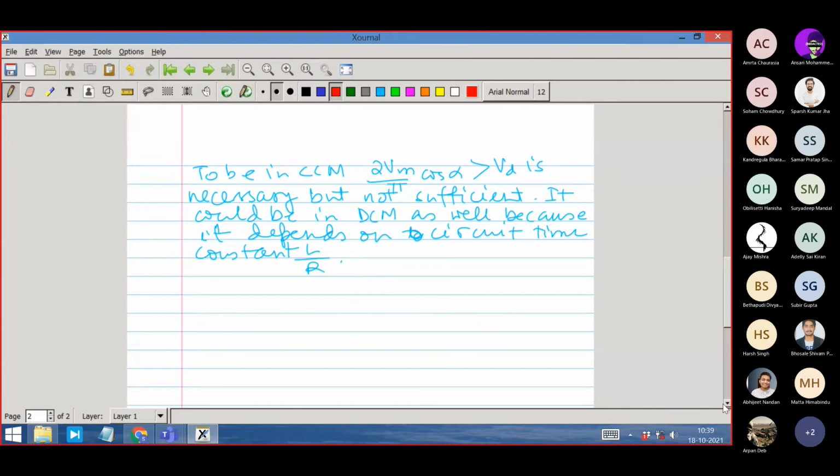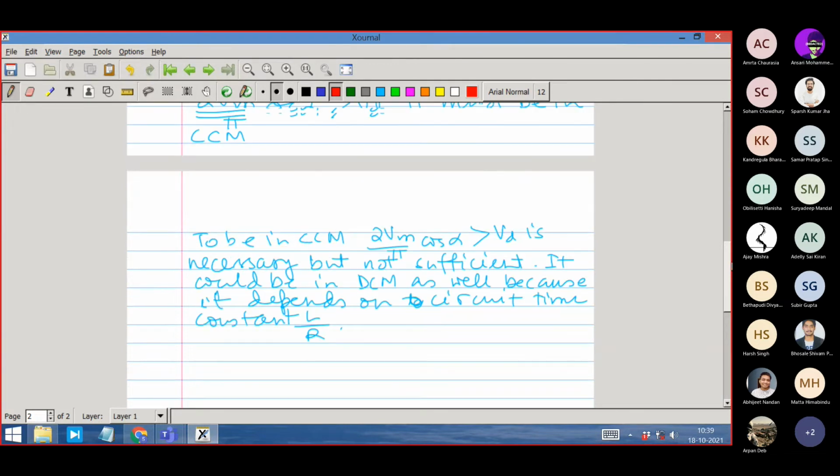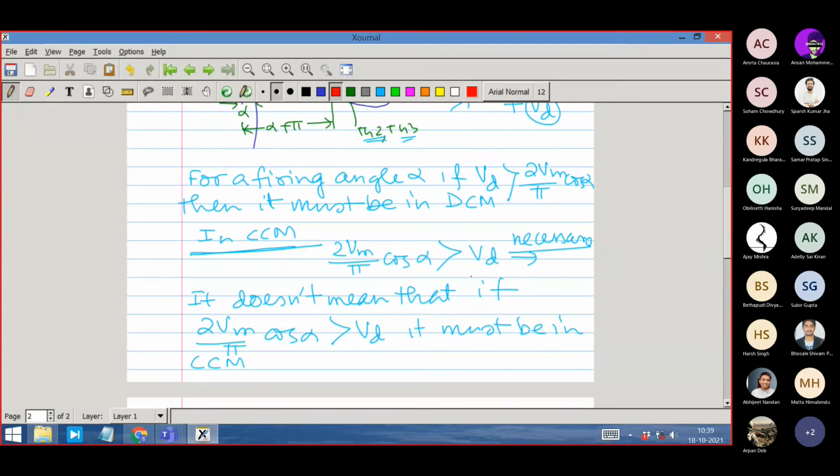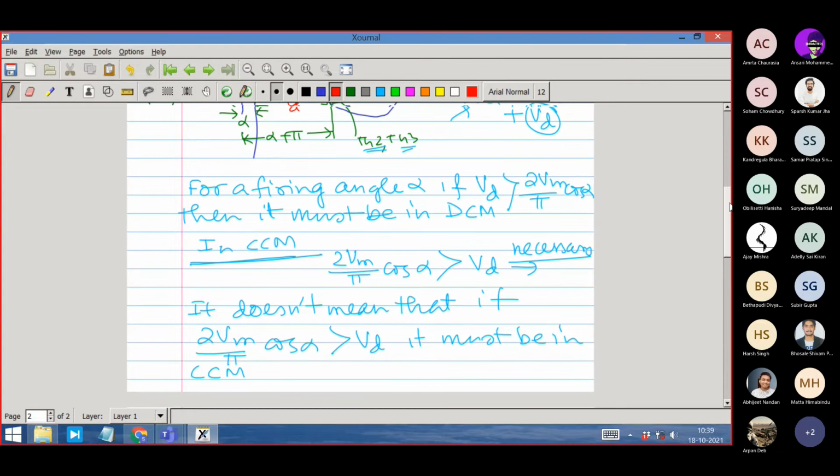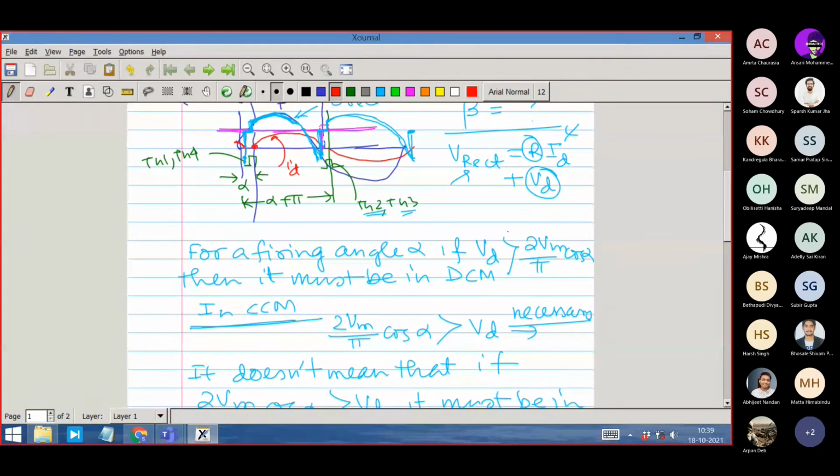First guideline: if Vd is greater than 2 Vm by pi cos alpha, it must be in DCM, irrespective of whatever L by R you are putting.